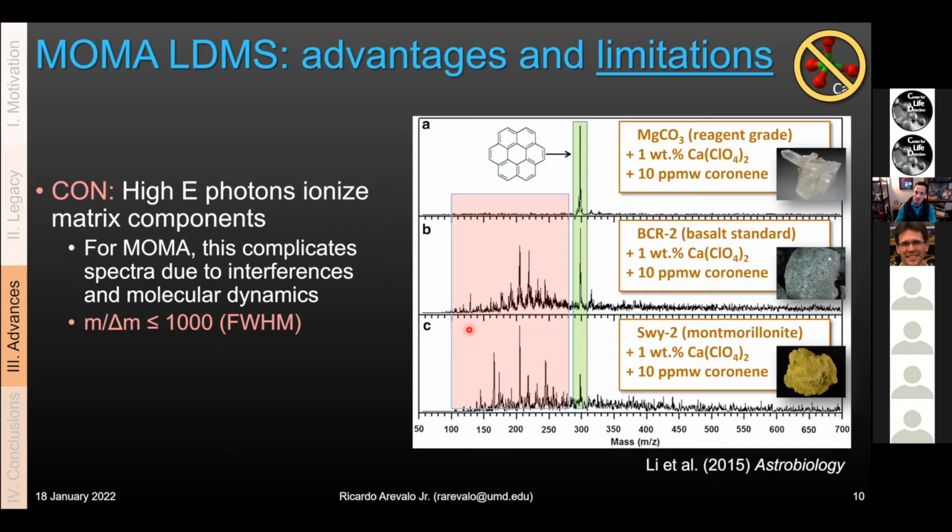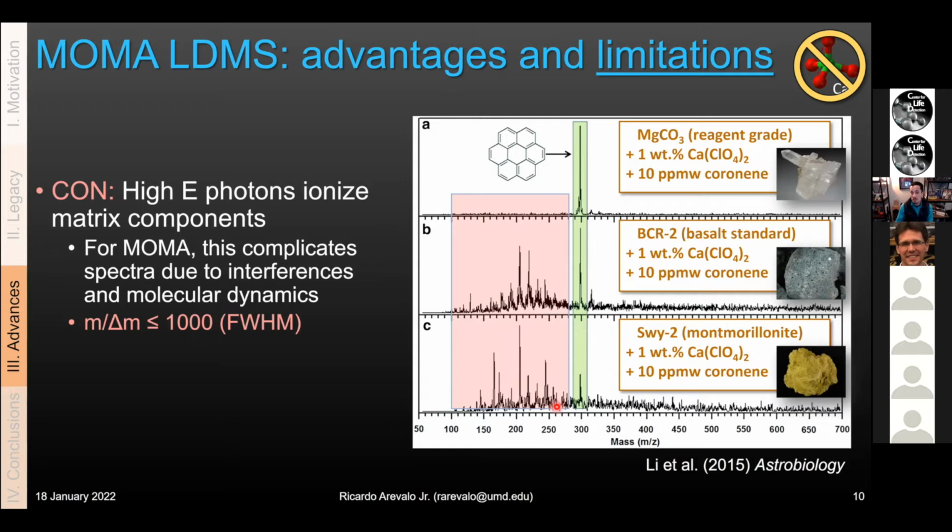So the limitations are that these inorganic signals are taking up ion volume in our mass analyzer. So it's compromising a little bit our dynamic range for organics, our sensitivity to organics. On top of that, the MOMA experiment's further challenged, but you can see the mass range of these inorganics is between 150 to 250 atomic mass units.